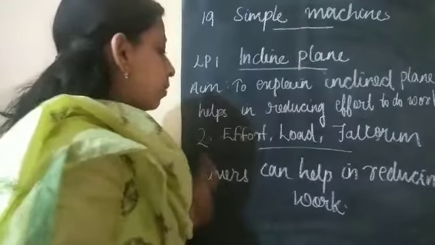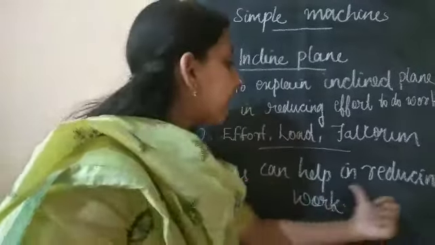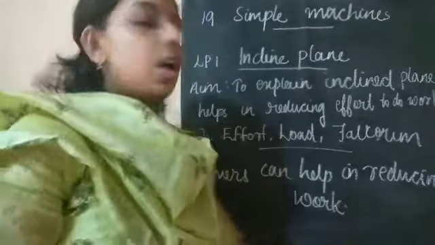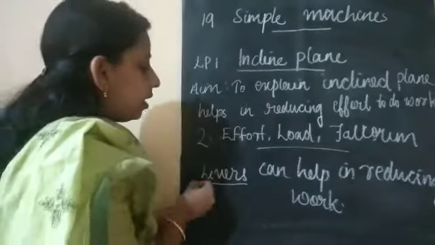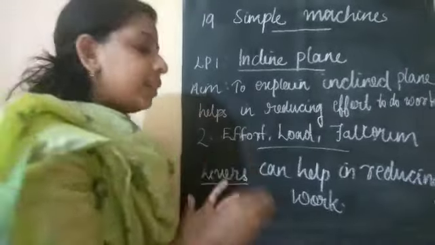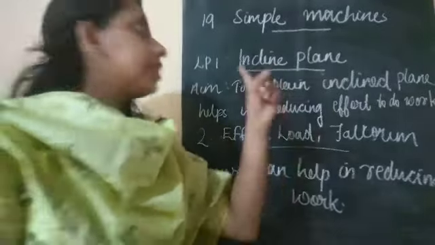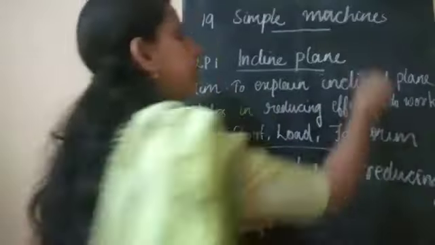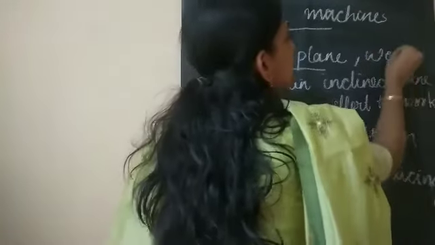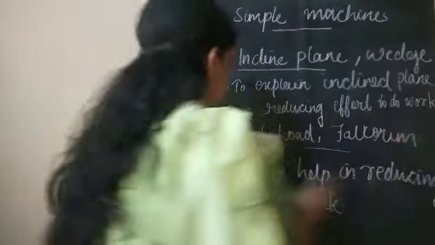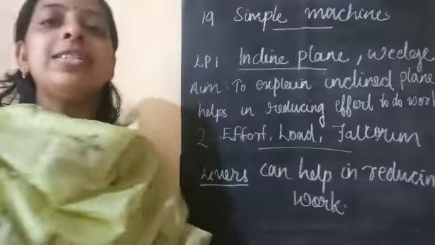In this lesson we are going to explain how levers can help in reducing work. So the third kind of simple machine is the lever. Okay, first we learned inclined plane, then we learned about wedge, right? Yes, and the third type of simple machine is lever.